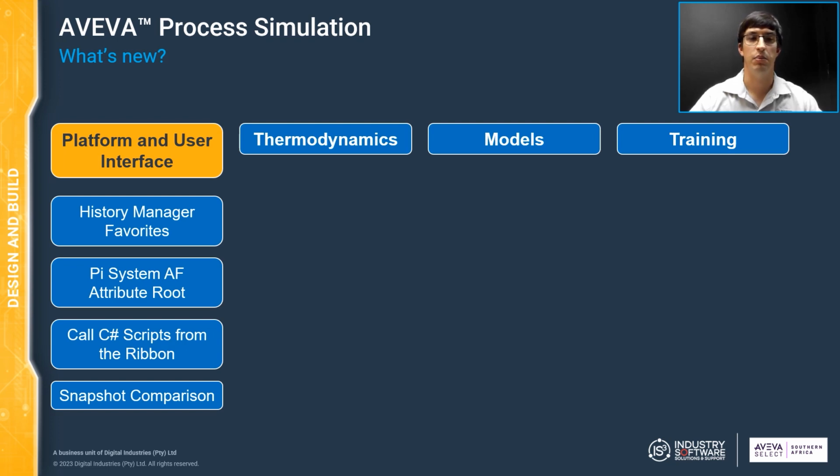The user has the ability to expand the asset framework root path, which makes it easier for them to create model templates. Users can now also use scripts without having to pre-install a scripting environment, and they also have the option available to not save favorite variables in snapshots. This will significantly reduce the size of dynamic runs when taking a snapshot.